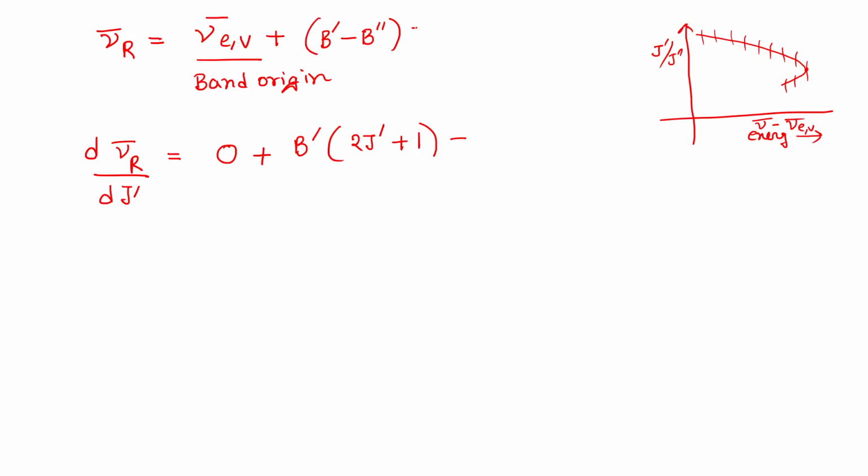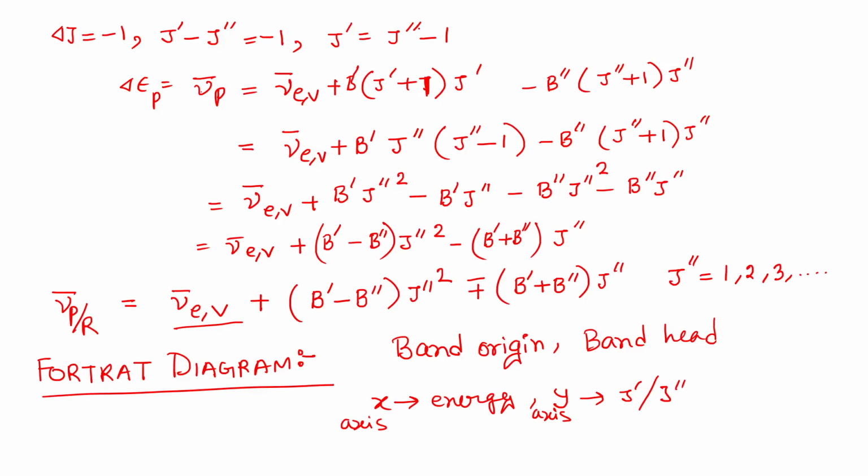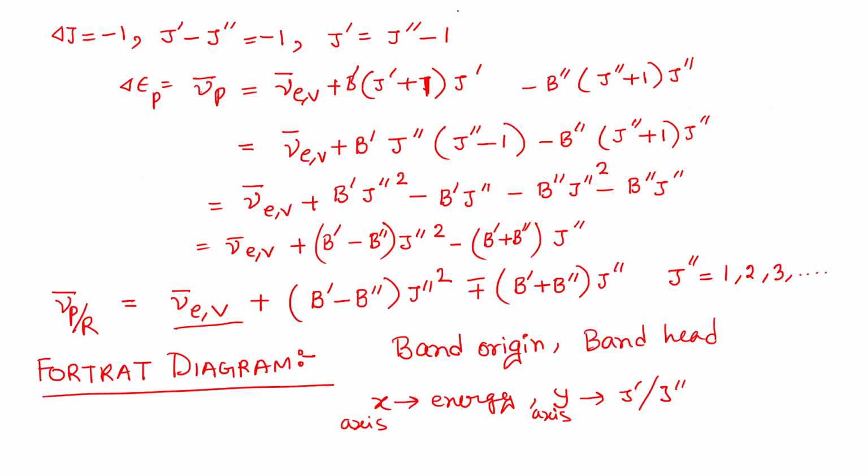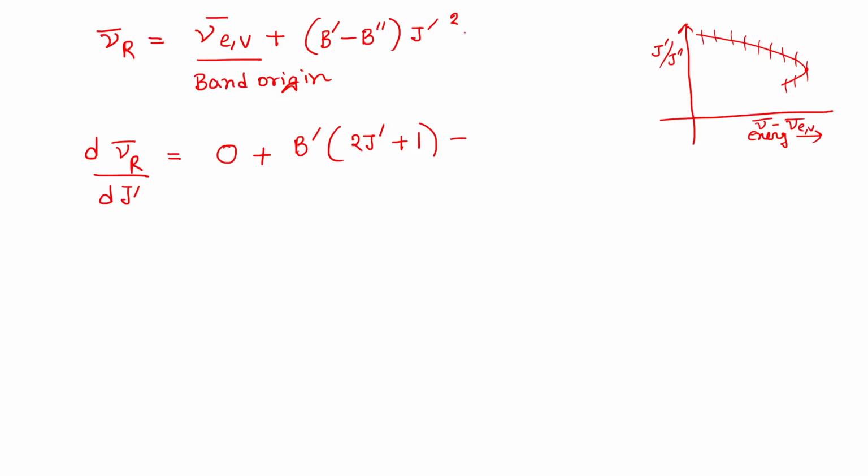Double prime. For R it was J dash square, and then it was plus B prime plus B double prime, and it was again J prime, right?